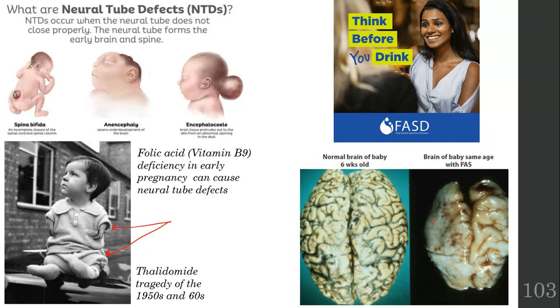If you take a look at a baby with severe FASD, whose mother drank during pregnancy, you can see that the brain does not have as many of these, and this can really impair these children through their entire life. So alcohol can make it through the placenta and can really impair brain development, especially during those first 8 weeks.